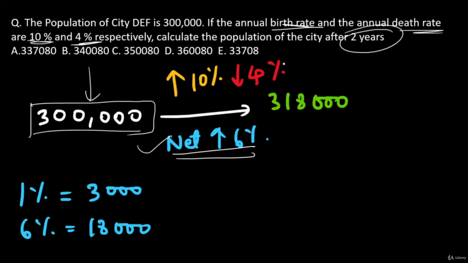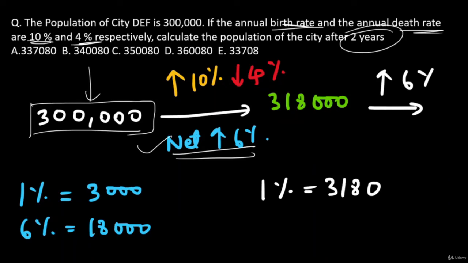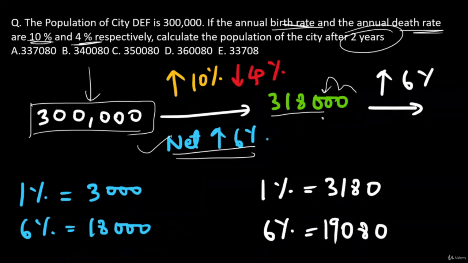Now we need to find the population of the city after 2 years. So again, you have to increase it by 6%, right? So 1% over here would be equal to 3,180. To find 1%, you have to just put the decimal place 2 places from the right. That's how you get 3,180. Therefore 6% will be 6 into 3,180, which is equal to 19,080.